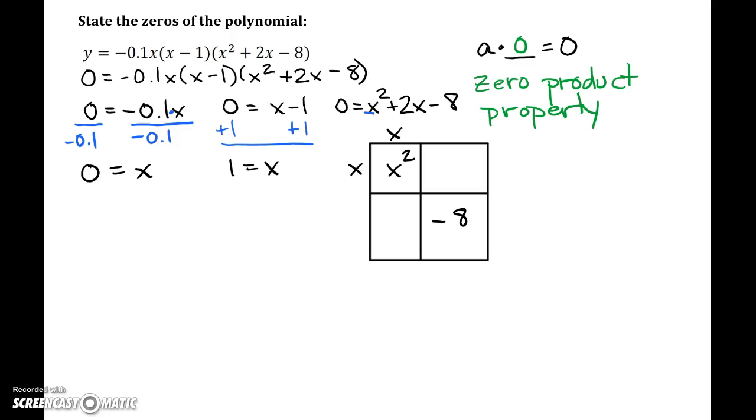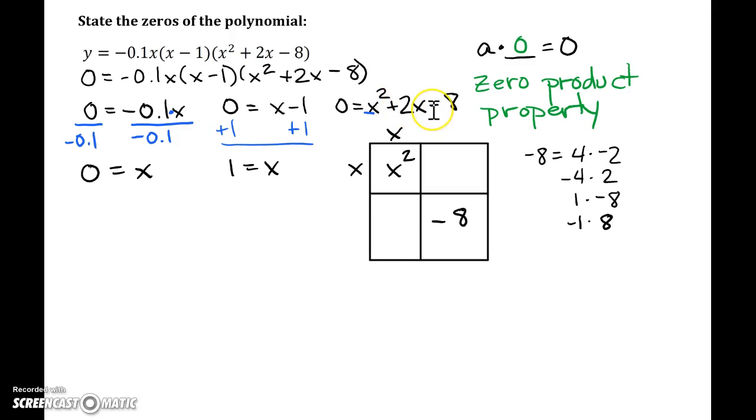Now I need to find 2 values that multiply to make negative 8. Different options for multiplying to make negative 8 include 4 times negative 2, negative 4 times 2, 1 times negative 8, and negative 1 times 8. So we can try each of those. Now be careful, don't just rely on the shortcut where you multiply to make negative 8 and add to make the middle term, in this case 2x.